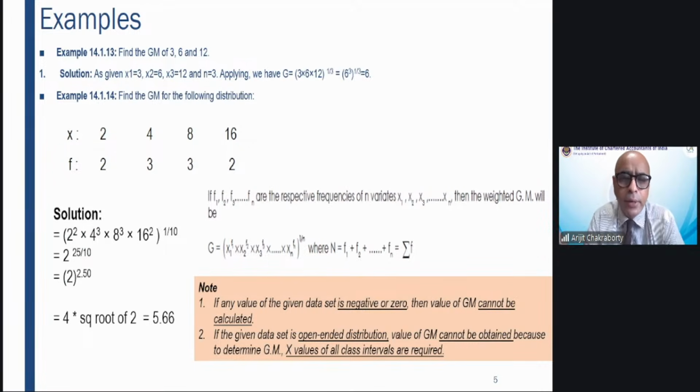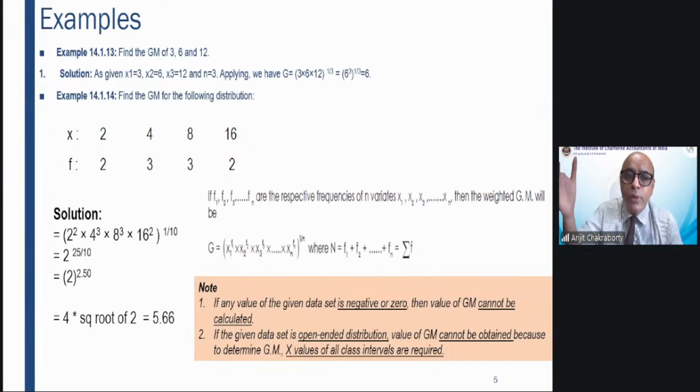Even if it is open-ended, it doesn't make a difference. But in the case of geometric mean, if there is an open-ended distribution, then the value of GM cannot be obtained simply because, just like arithmetic mean, geometric mean relies on all the values.